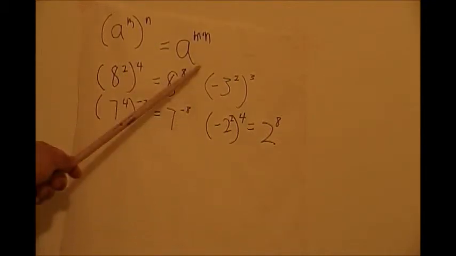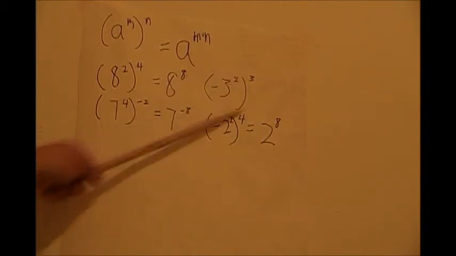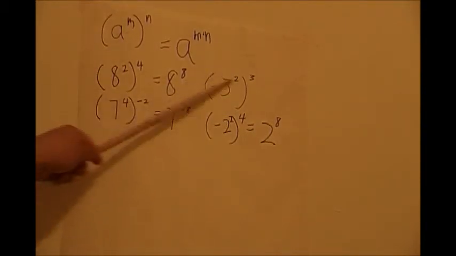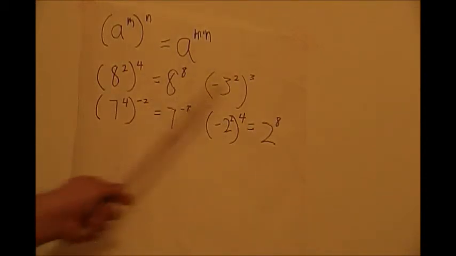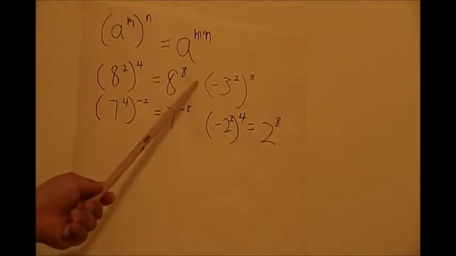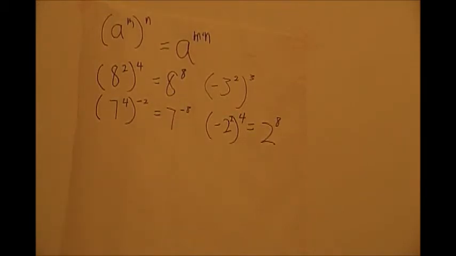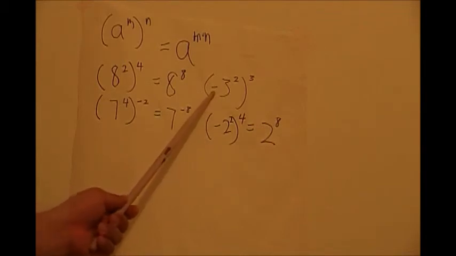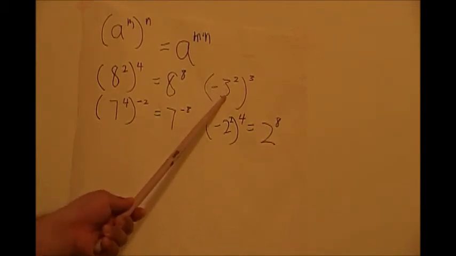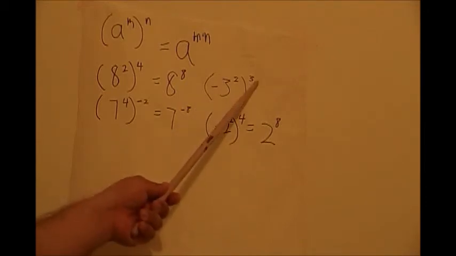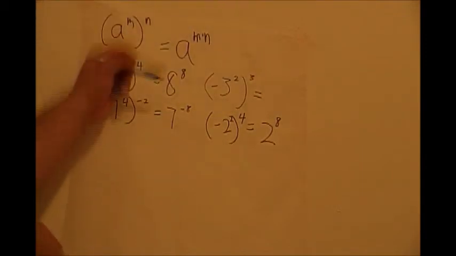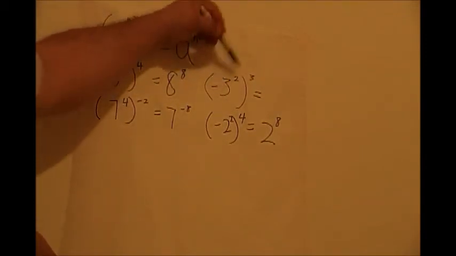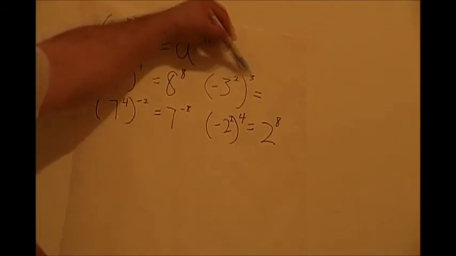Alright, what if you have a negative inside, in the base, and we have the power rule, the power properties? Well, we've got to be careful here, okay? So if we have negative 3 squared to the third power, we just work out the problem the same way. We multiply the two powers together.